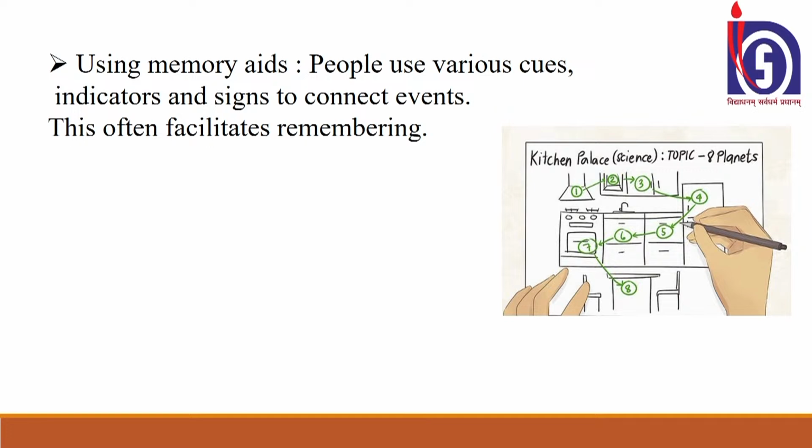For example, people use the method of loci, where they associate a place with an object and then try to remember information through that. You can use multiple aids, like making associations, or finding similarities between two things, and so on.